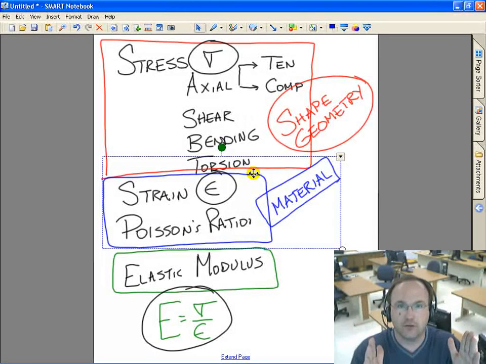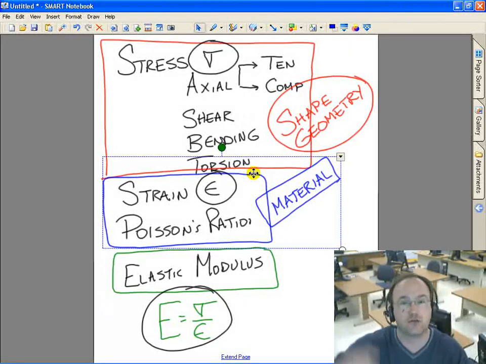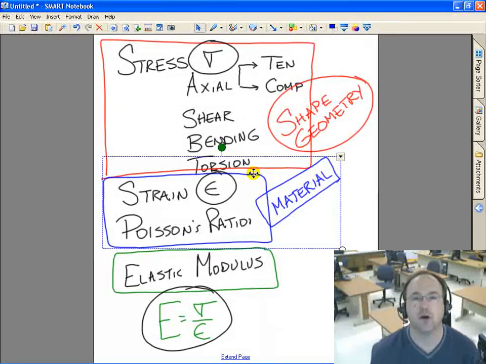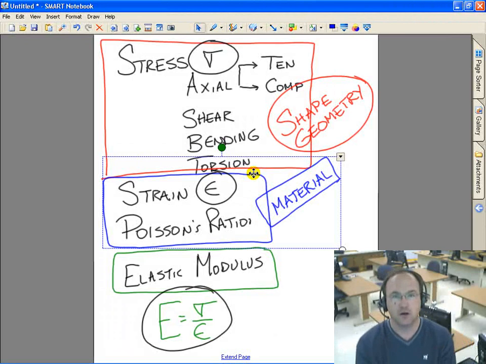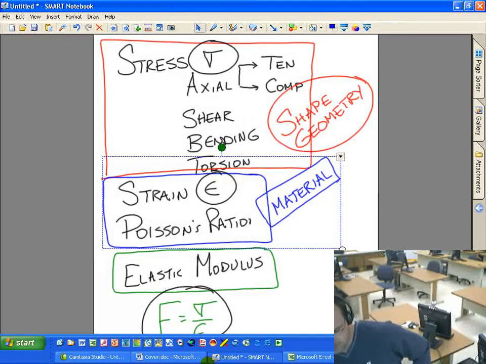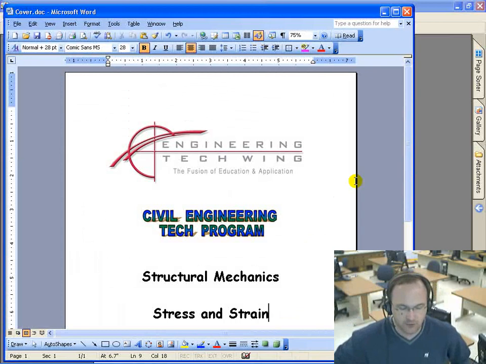Assuming we're inside that zone of elasticity, this is how a material, an object, will withstand an externally applied load. And this is a summary of, once again, stress and strain introduction with regards to structural mechanics.